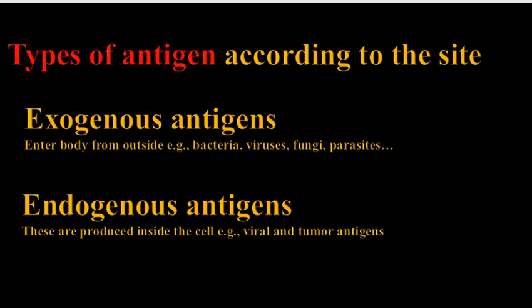Another classification of antigens is according to the site, whether they are exogenous or endogenous. Exogenous antigens enter the body from outside, for example, bacteria, viruses, fungi, parasites, etc. Endogenous antigens are produced inside the cell.